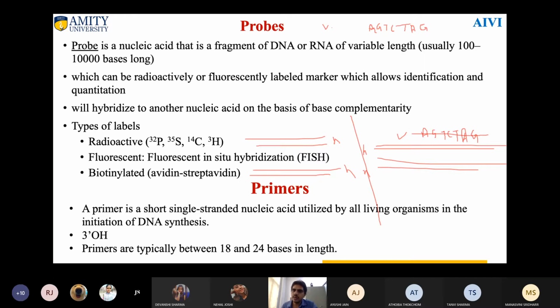Now this is single stranded. It should be single stranded, and only then can it pair with the complementary one. This DNA being double stranded, it is not going to pair.